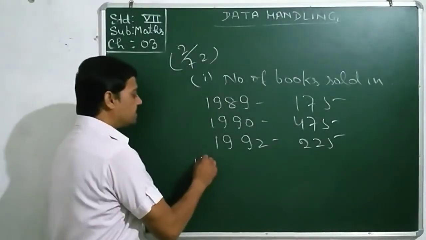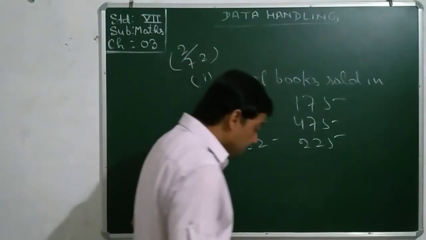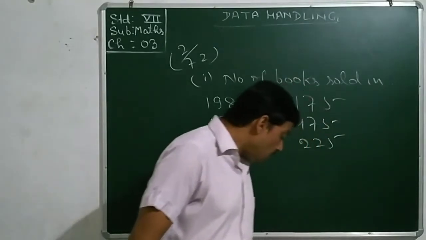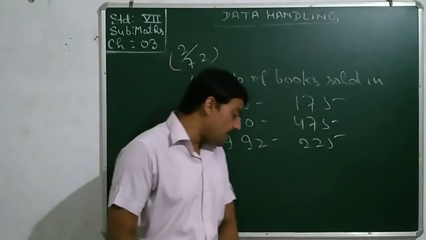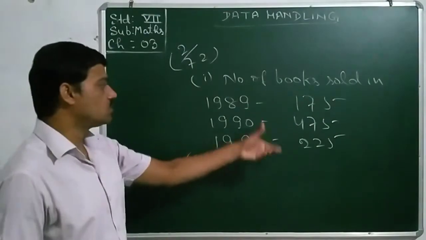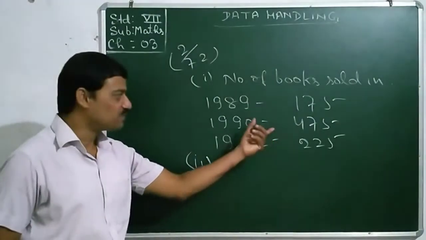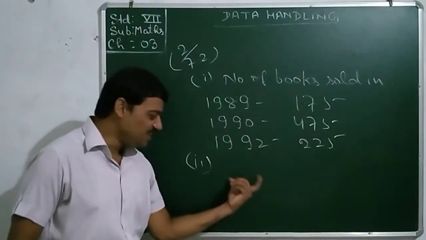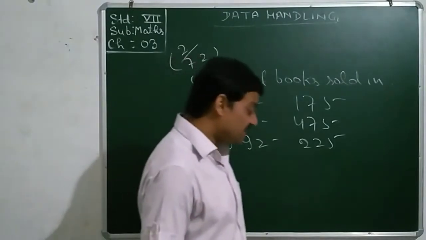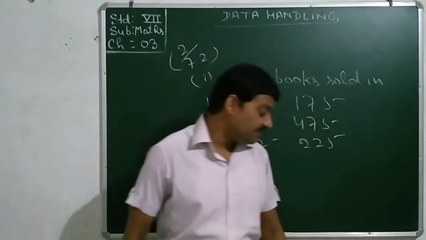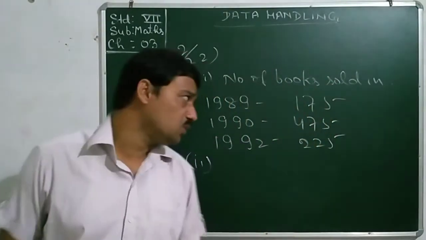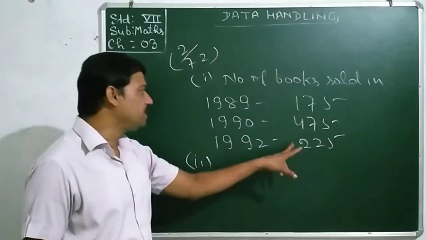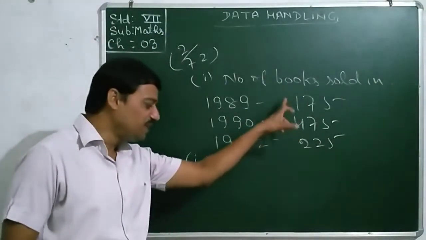Look at the second part: in which year were about 475 books sold? From the previous part it is clarified, so the year is 1990. In the third part: in which year were fewer than 250 books sold?